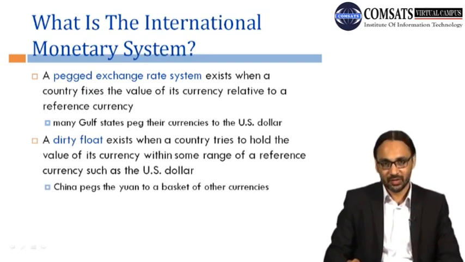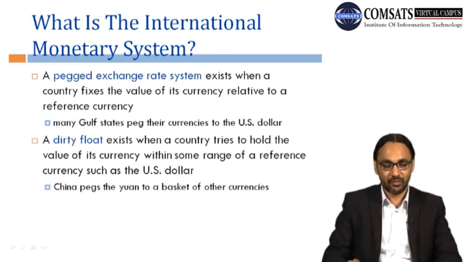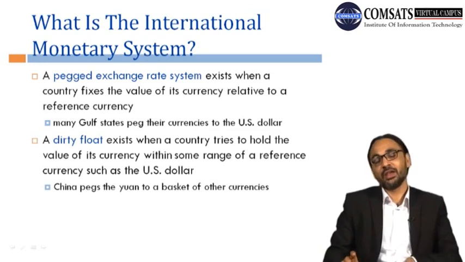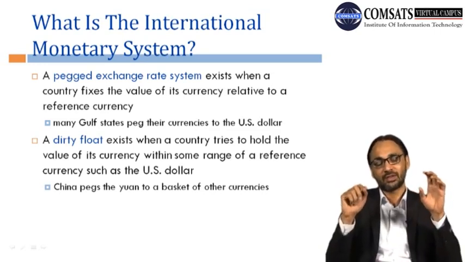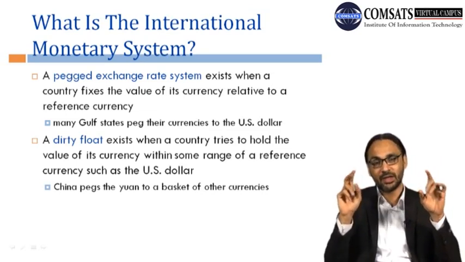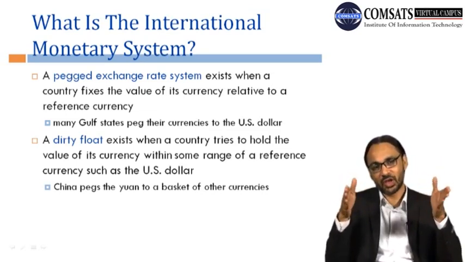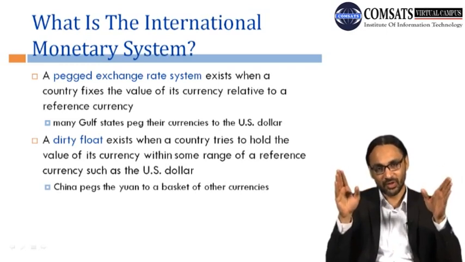Another system is the dirty float. In a dirty float, a country tries to hold the value of its currency within some range of a reference currency, such as the US dollar. It's not like pegging. A country defines its minimum and maximum range.